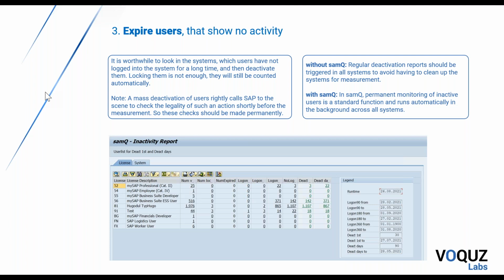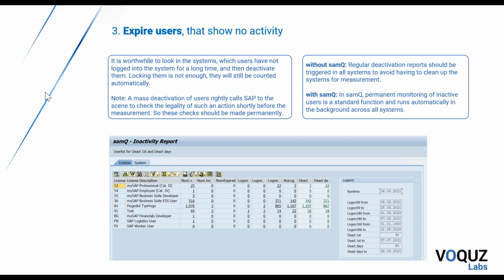Expired users means you should control which people have not been logging into the system for longer than maybe 90 days, depending on the policies of your company. It may be 180 days, 30 days. Every company has a different policy there, but usually it is 90 days.